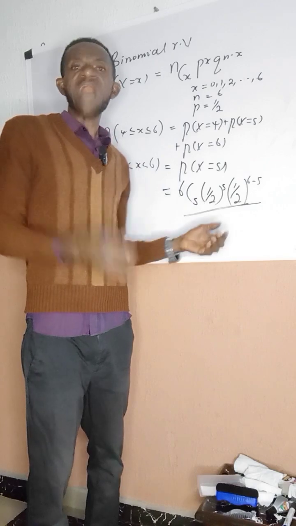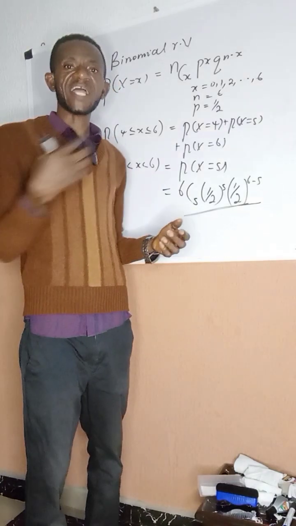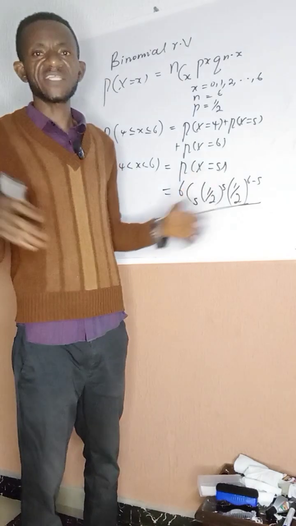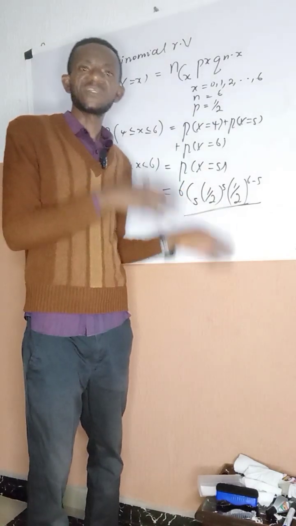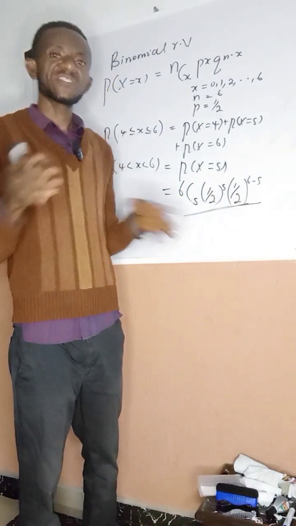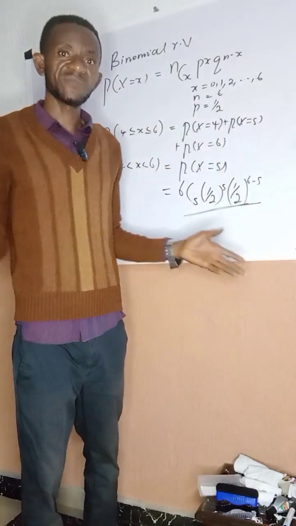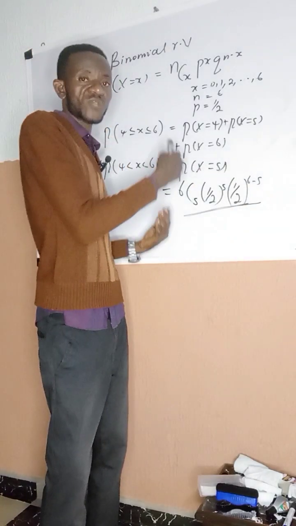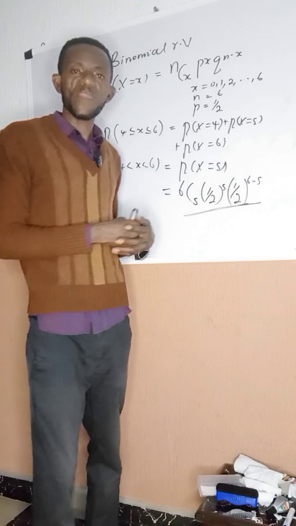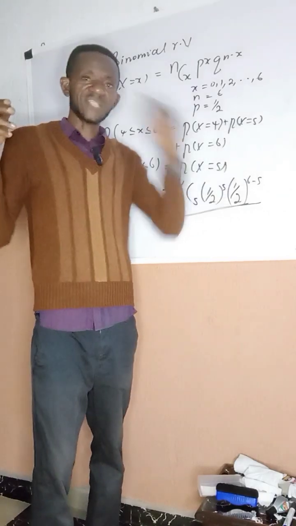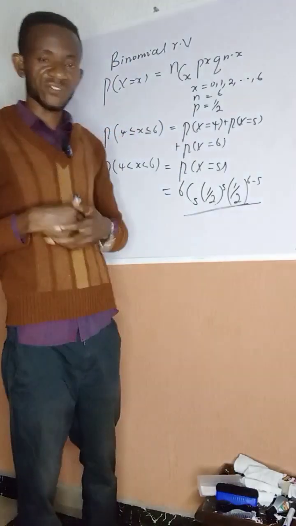Then out of 8 items taken from that place, find the probability that there is no defective item, 2 defective items, 4 defective items, or greater than 1 defective item. It is the same question we have solved on the board now. So you can try looking at questions tending in that direction.